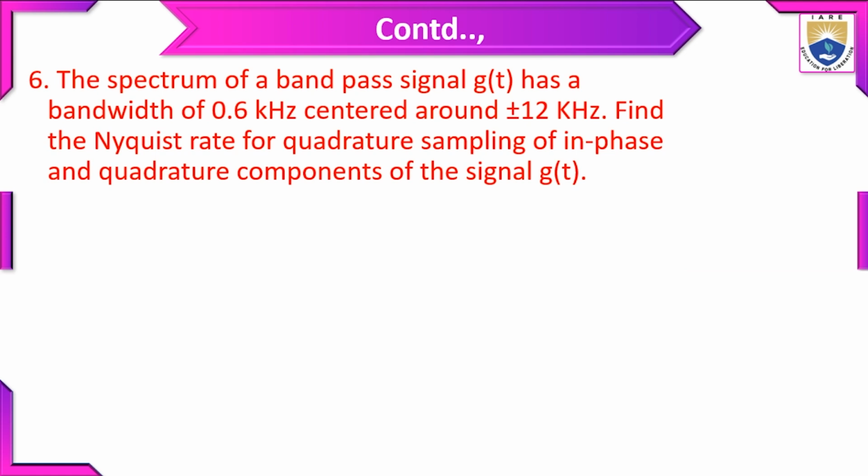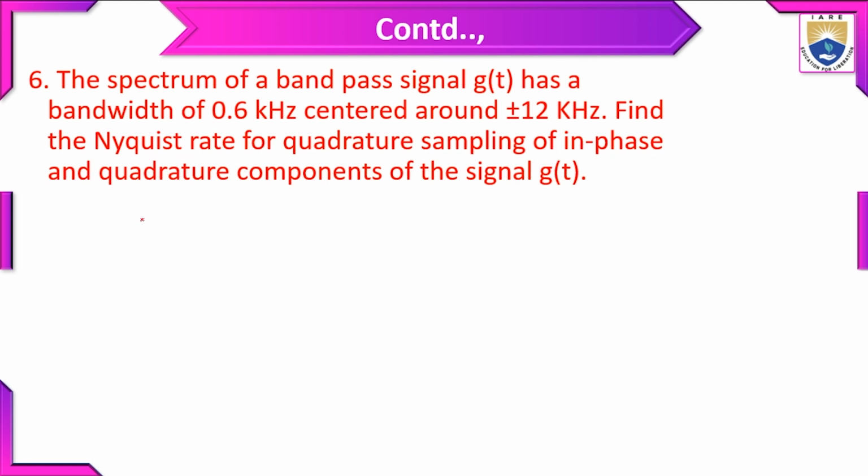Next, 61. The spectrum of bandpass signal g of t has a bandwidth of 0.6 kHz centered around plus or minus 12 kHz. Find the Nyquist rate for quadrature sampling of in-phase and quadrature components of the signal g of t. So they are asking here about in-phase and quadrature components. Okay.